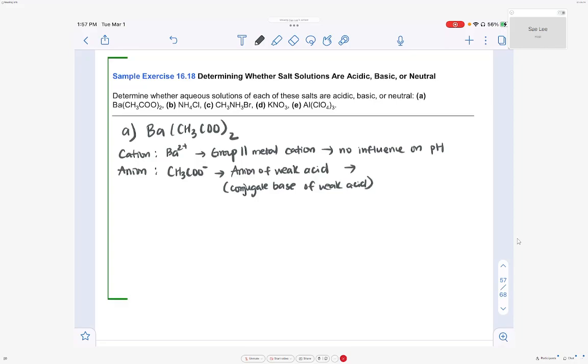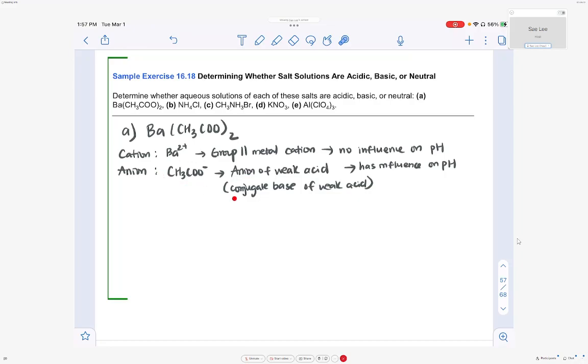What properties does conjugate base of weak acid have? They are basic, right? Weakly basic. So it has influence on pH. What influence? Basic influence, right?